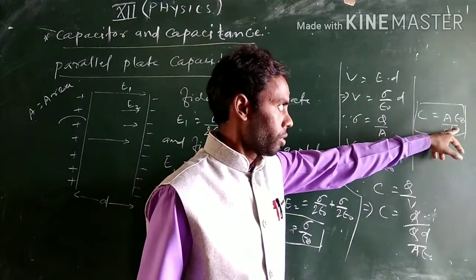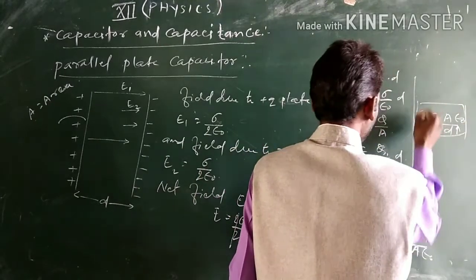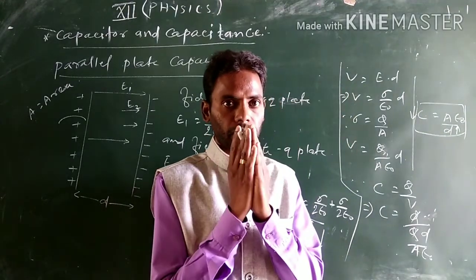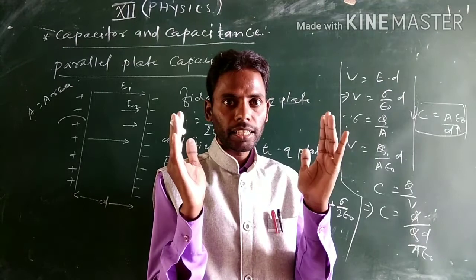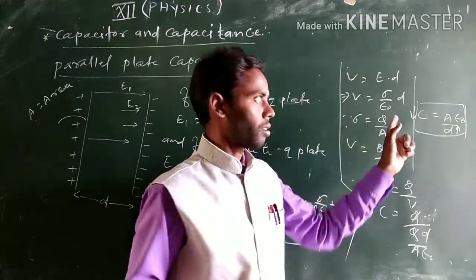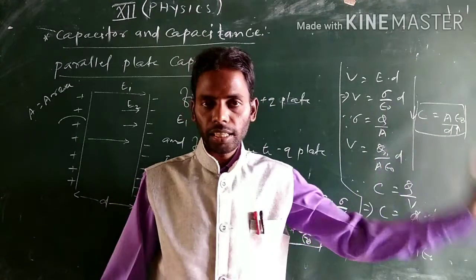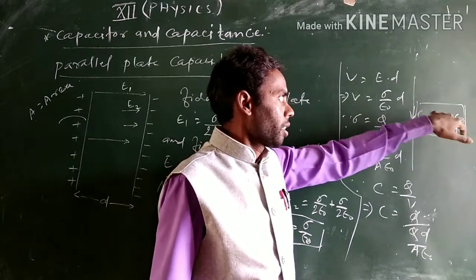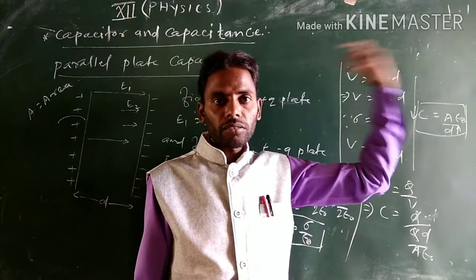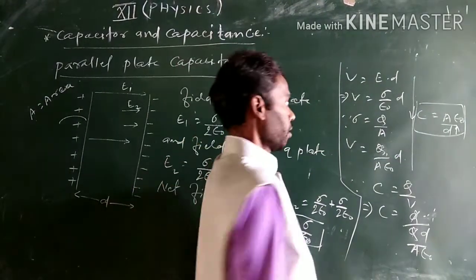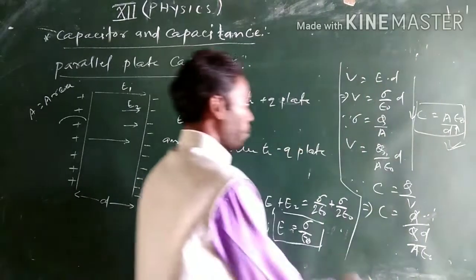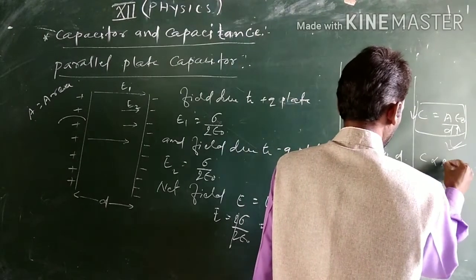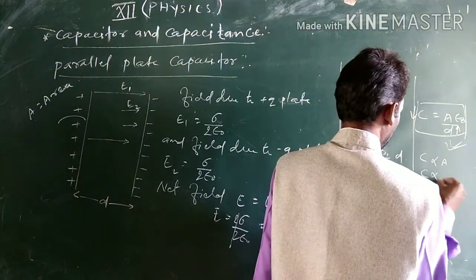Suppose we increase the distance, then capacitance will decrease. So the relationship between capacitance and d is inverse. Similarly, if we increase the area, then the capacitance of the capacitor will also increase. This is the most important formula for you. Write C is directly proportional to A, and C is inversely proportional to d.